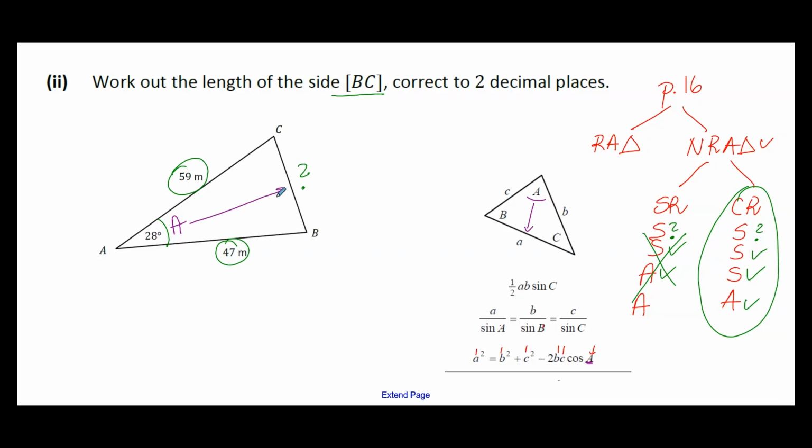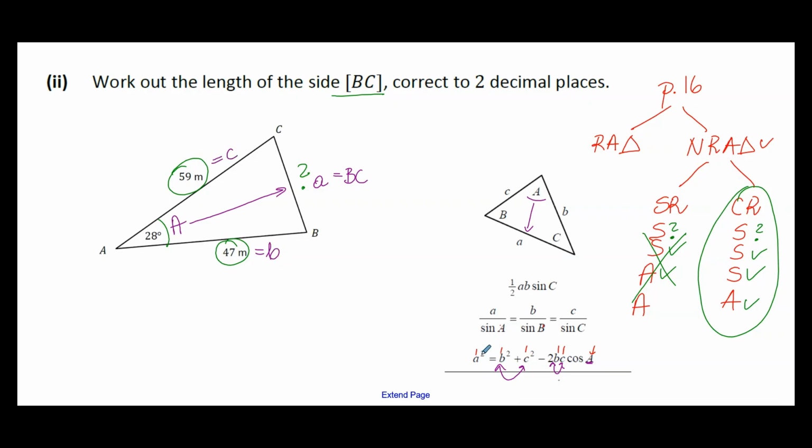The side that is opposite our angle A is the one we are looking for, that's my BC. Then B and C, those two. Now, does it matter which is B, which is C? Not in the cosine rule, because here we are adding them and here we are multiplying. So let's say that's B and that's C.